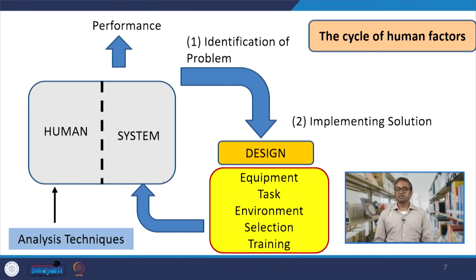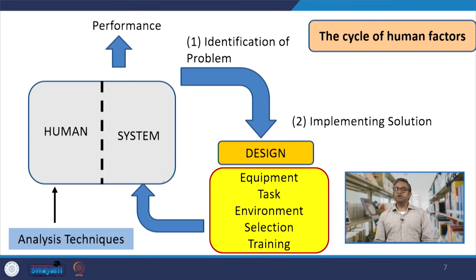The system can be anybody through which we are interacting. The interaction with the system results in an output which we measure as performance. Now when the interaction happens, this interaction is supposed to identify what the problems are.